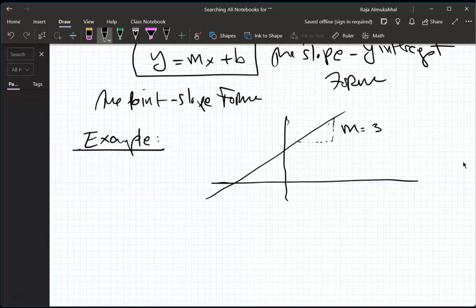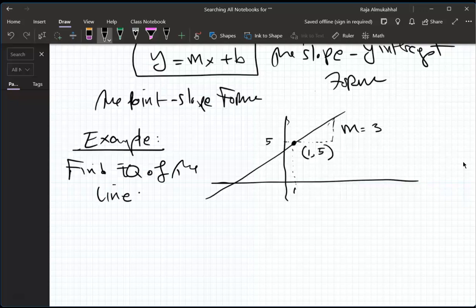And I also tell you that this point right here is given to you, and let's say it is 1 and 5. So basically this point is (1, 5). Now I ask you, what is the equation of the line? Find the equation of the line.